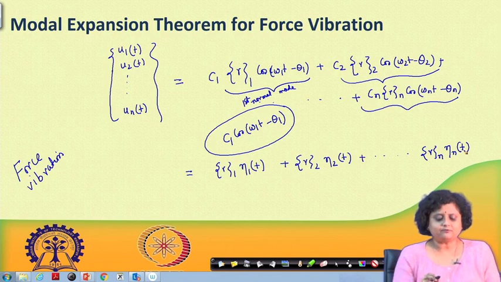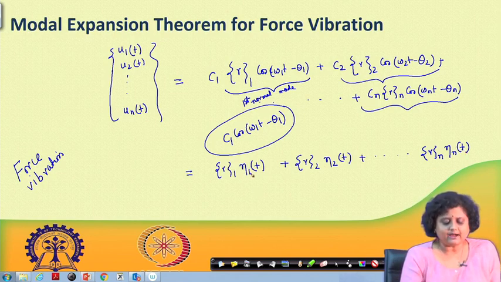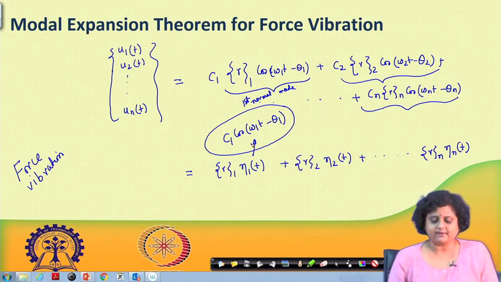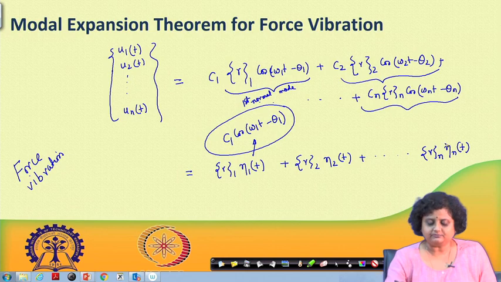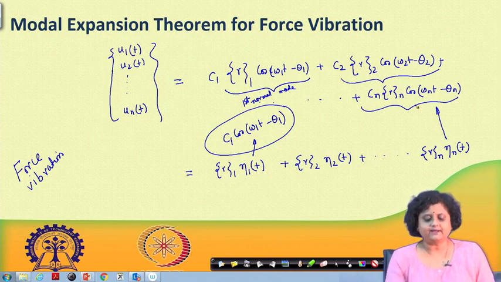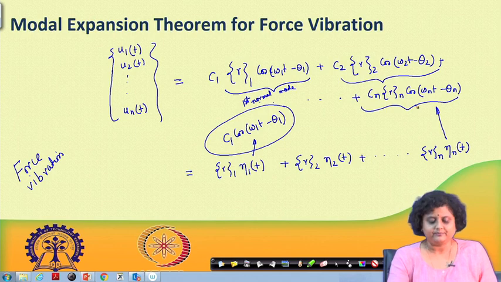In case of free vibration, this eta 1 t is nothing but C1 cos(omega 1 t minus theta 1). Similarly, for the free vibration case, eta n t is nothing but Cn cos(omega n t minus theta n).